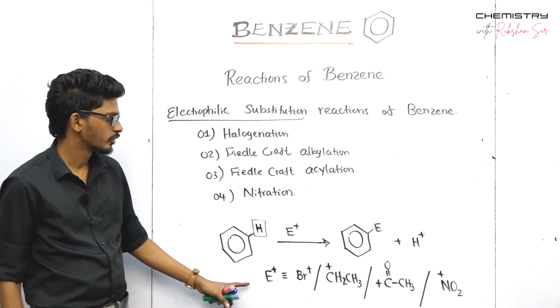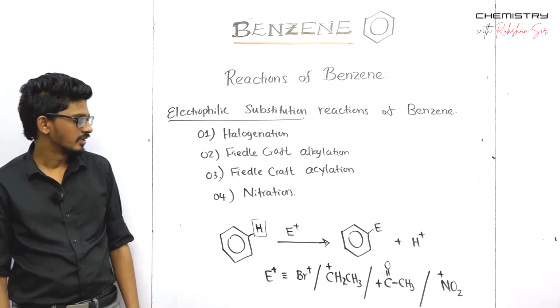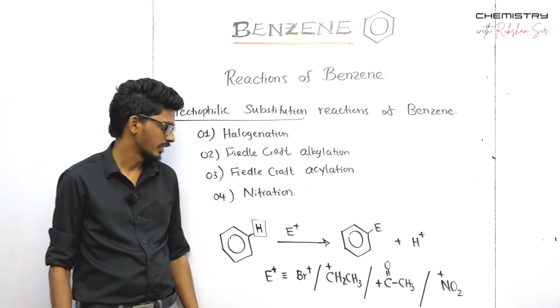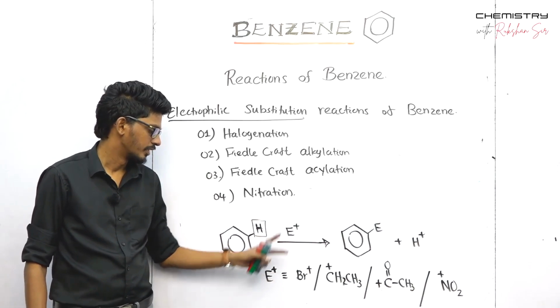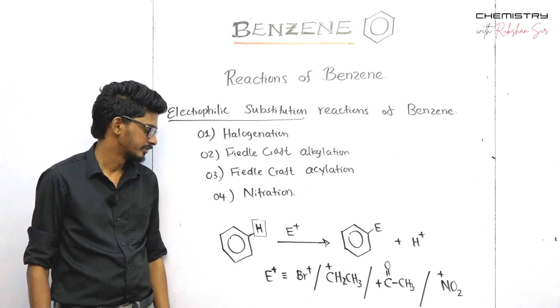So those are the major 4 types of electrophiles coming towards the benzene ring and connecting to the benzene ring by replacing the hydrogens. So this is the general form of electrophilic substitution reactions at the benzene ring.